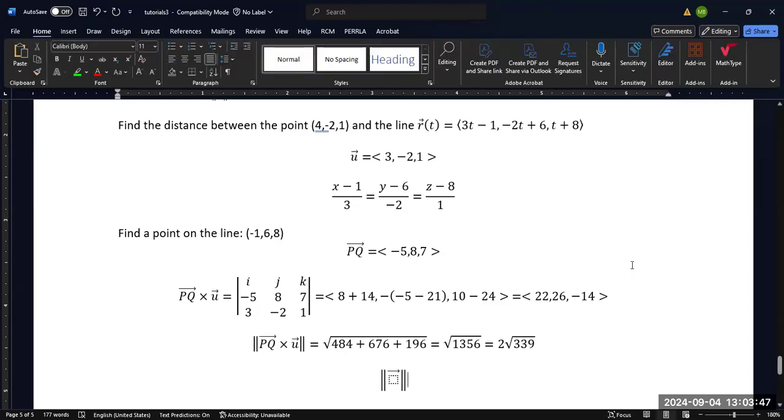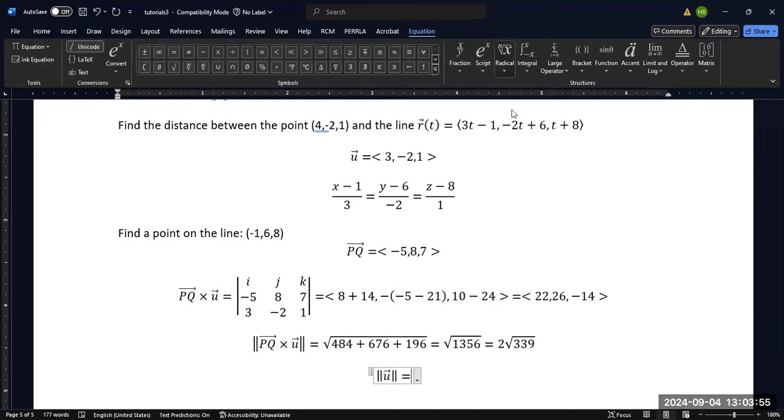And again, you should expect that in most problems, you will not get nice numbers out of these. You'll get crazy radicals, and that's just how it is. So this is 9 plus 4 plus 1, which is going to be the square root of 14.